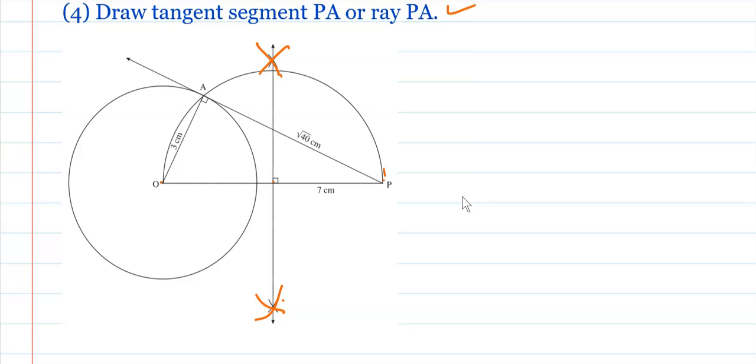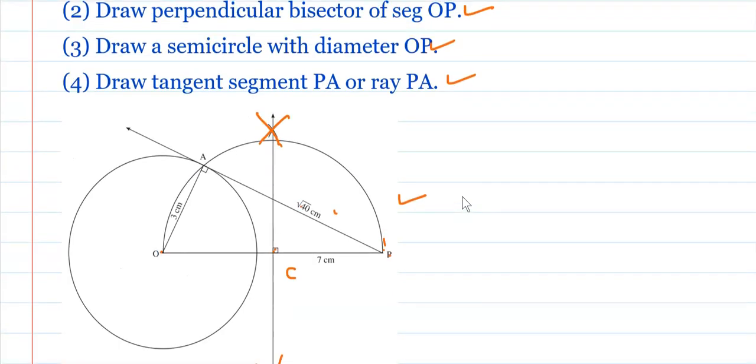Suppose this is the point C. Take CO as the radius and draw the semicircle. The point of intersection is A. Join AP, ray PA. And this is root of 40 centimeter. So you can do the construction. And in this way, we have completed question number 5 also.